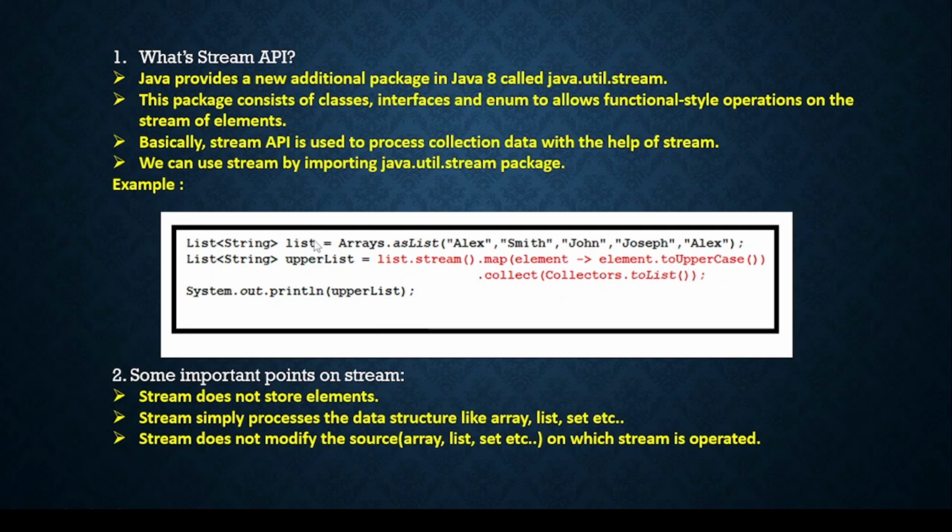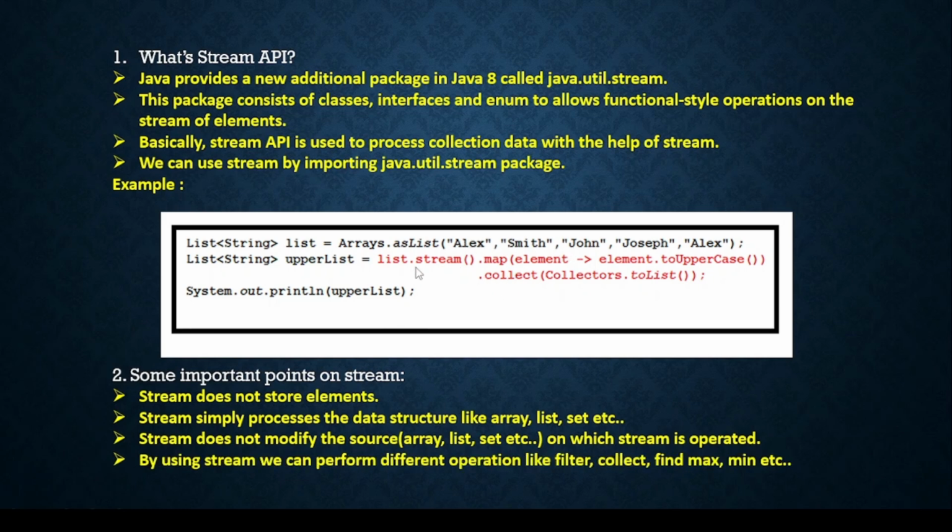It will not modify the source. The list having Alex, Smith, all these names in small letters is not going to be changed. We are just collecting. We have used map, and this kind of operation we are going to use with the stream API.